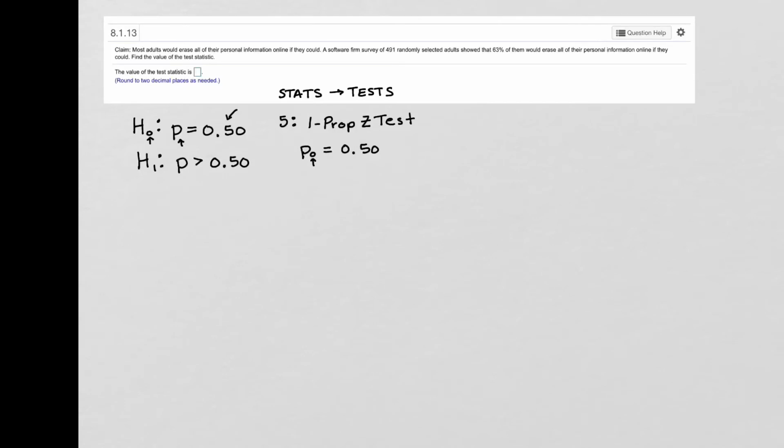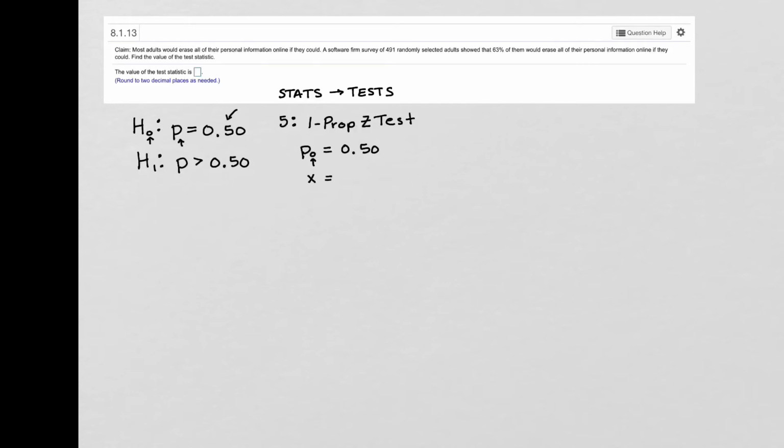P0 is supposed to be representing a number value, and P in the null hypothesis is just the variable itself that can have different values.